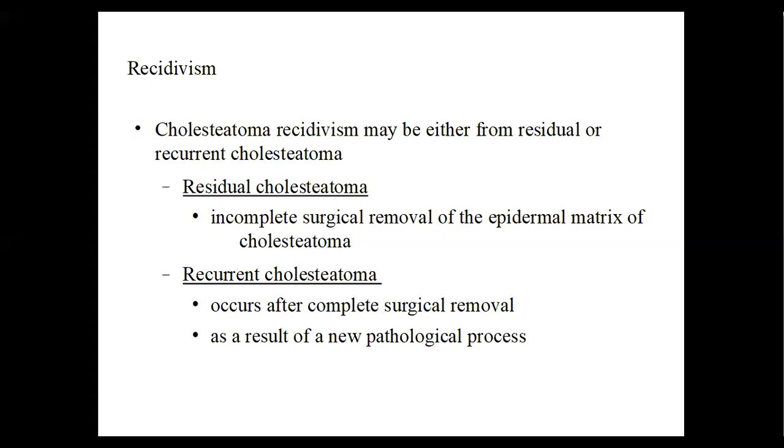And if the cholesteatoma appears after 6 months of surgery, then you call it recurrent disease. The reason for residual disease is incomplete removal during the initial or primary surgery. Whereas recurrence happens, most of the time, after complete surgical removal because of a new pathological process. That's how clinically you will differentiate residual from recurrent disease.